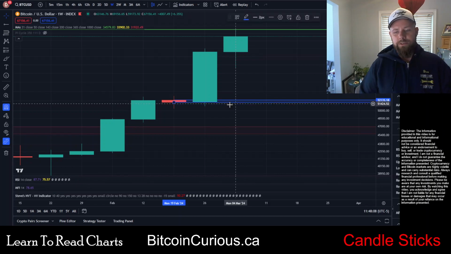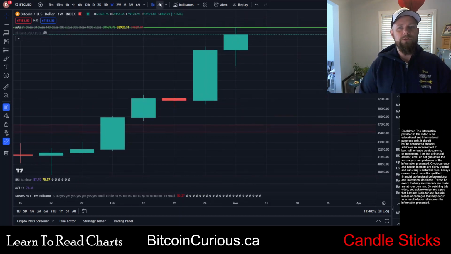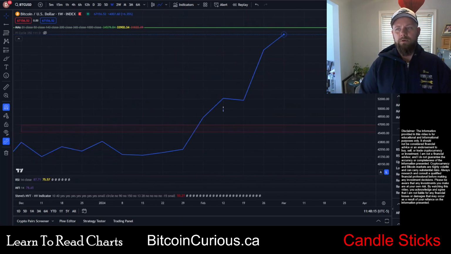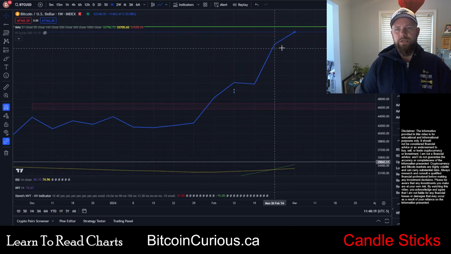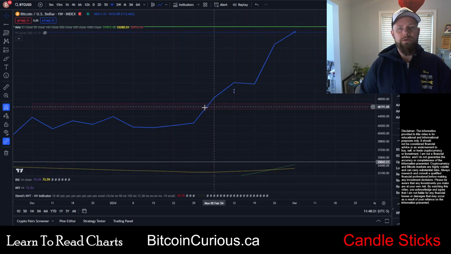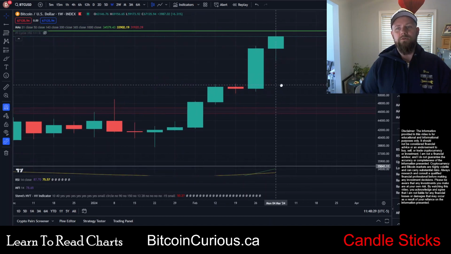Candles are super easy to read, and they give us a lot of data. I prefer them over the line charts, because with a line you just get the close, so you don't get much information for that week. But in a candlestick, we get everything: the high, the low, the open, and the close.